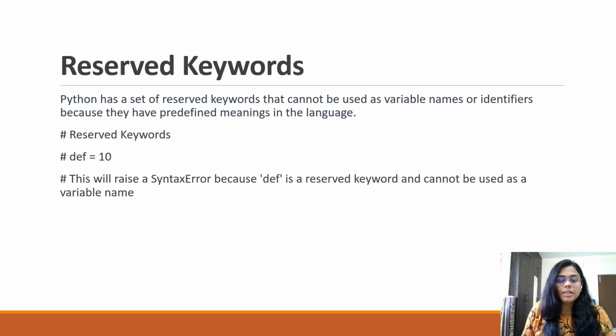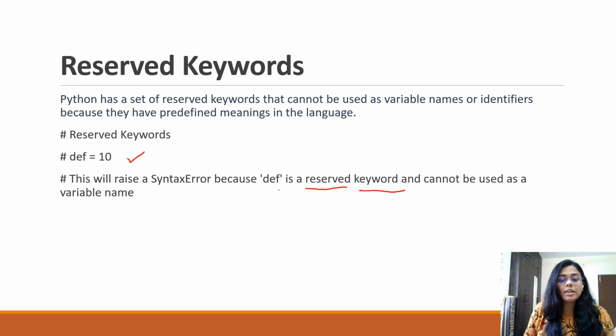Next is reserved keywords. Reserved keywords mean that there are certain words in Python that are reserved for a specific purpose. These cannot be used as variable names or identifiers because they have predefined meanings in the language. One such example of a keyword is def. Def is used as a reserved keyword, meaning it is used for defining a function.